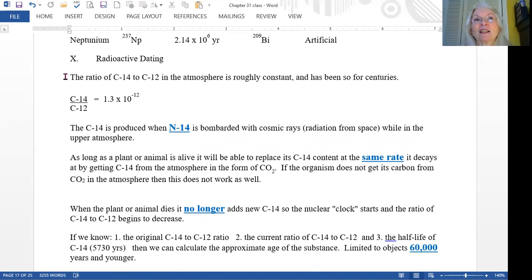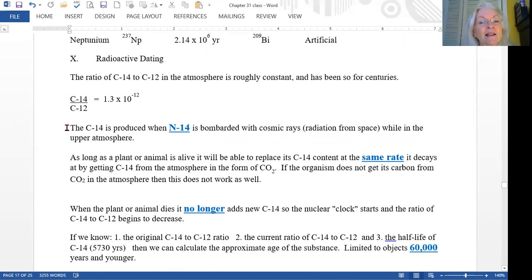Back in the 1950s and 60s, when we had above ground nuclear testing, this ratio changed. So there are some variations, and the more we know about atmospheric science and things of this nature, the more precise we can be. But in general, this ratio stays constant.